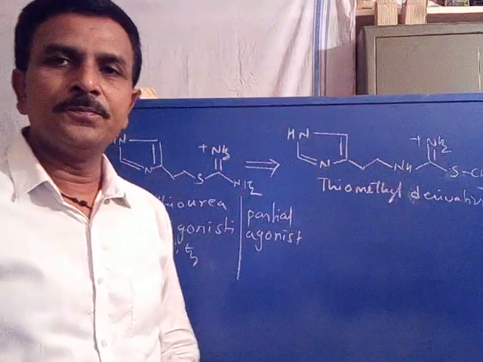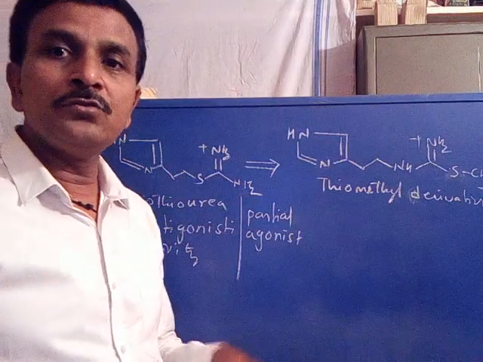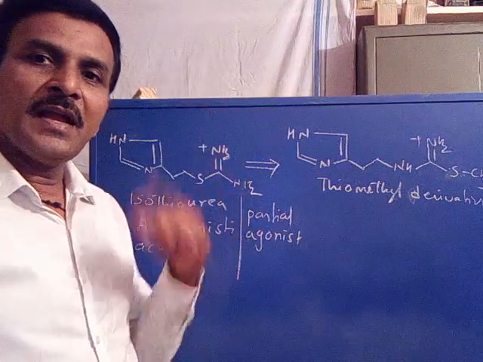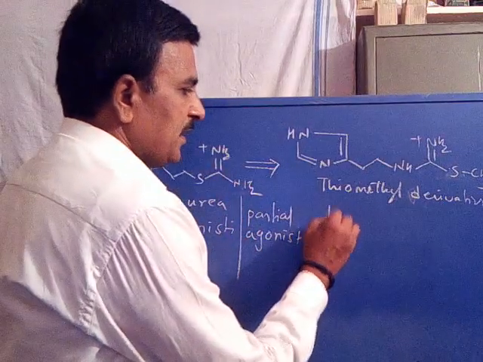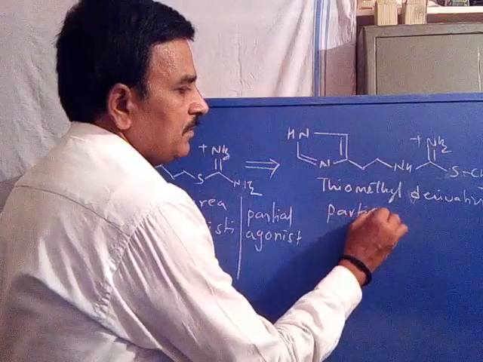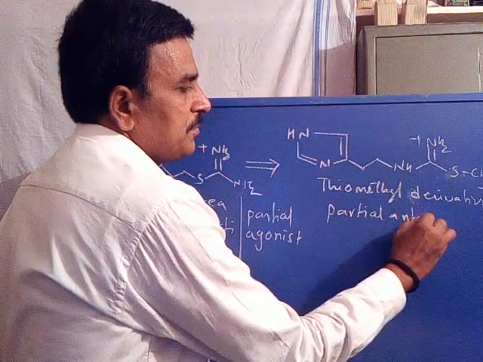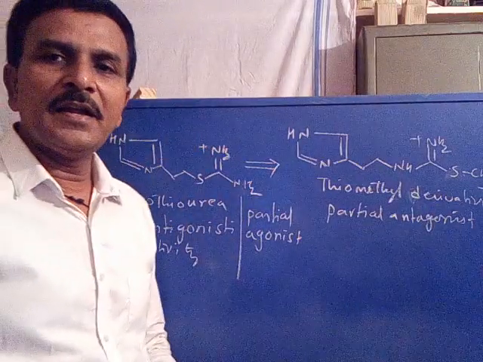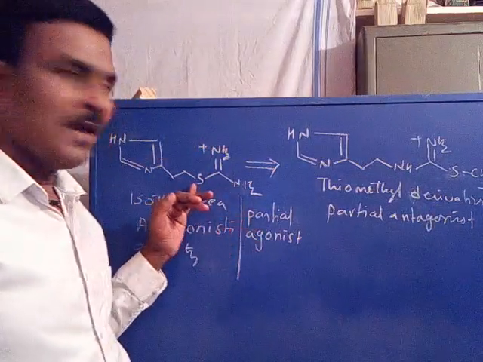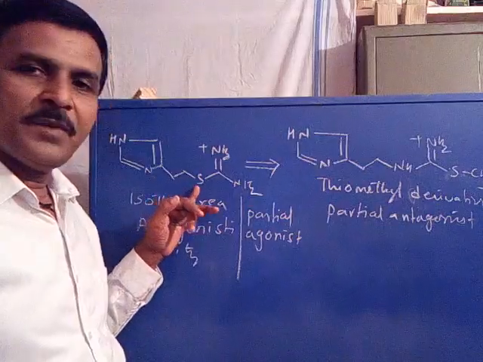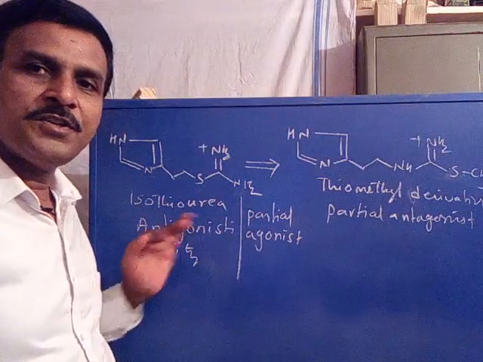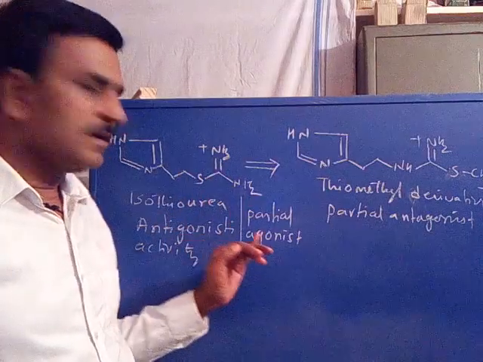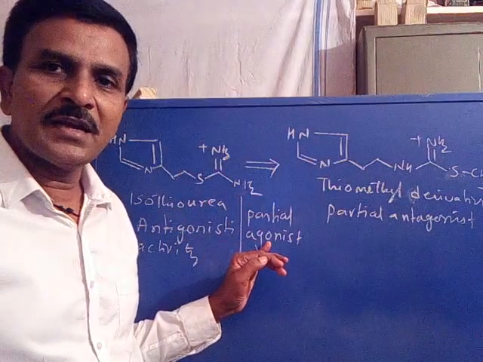Now, this exchange again decreases the antagonistic activity. That is, it acts as a partial antagonist. You see, when sulfur is kept inside the chain, its antagonistic activity improved, and in addition it shows partial agonistic activity.